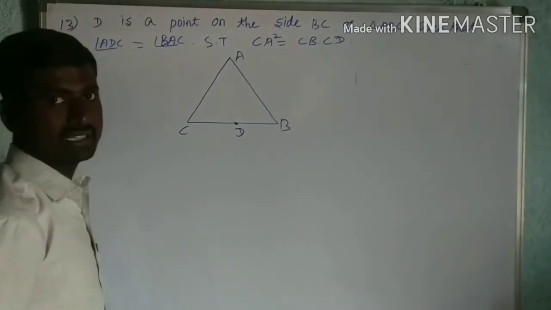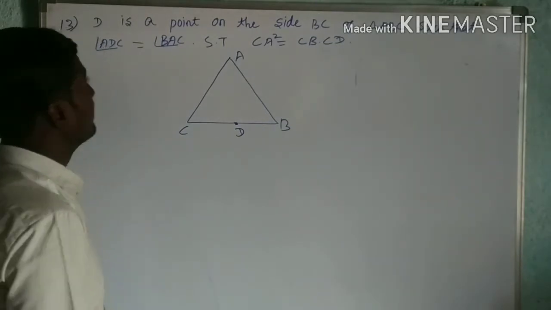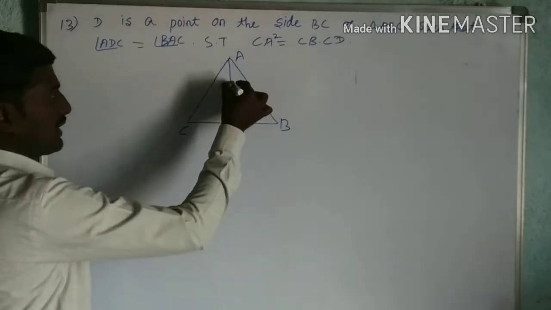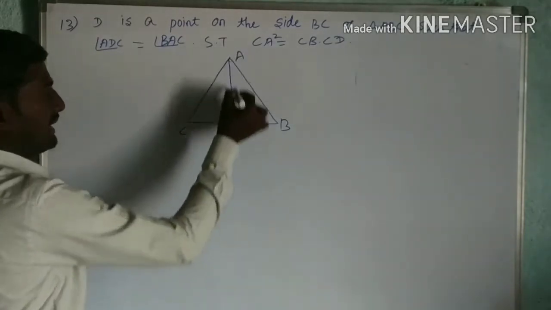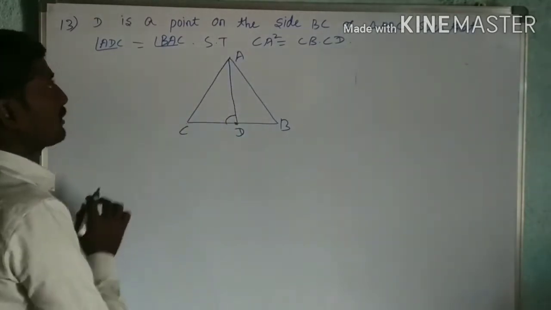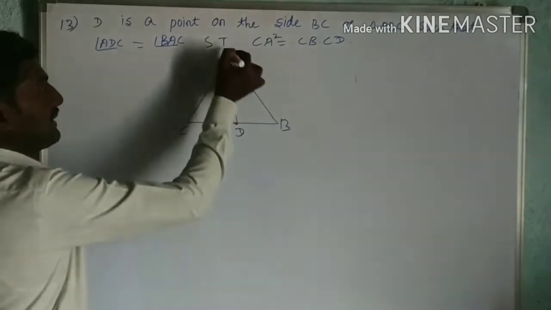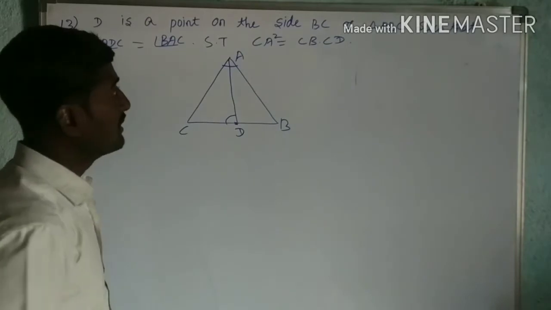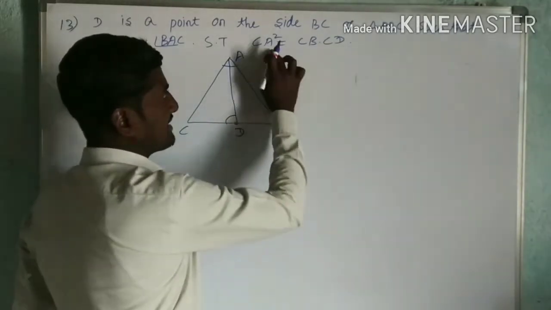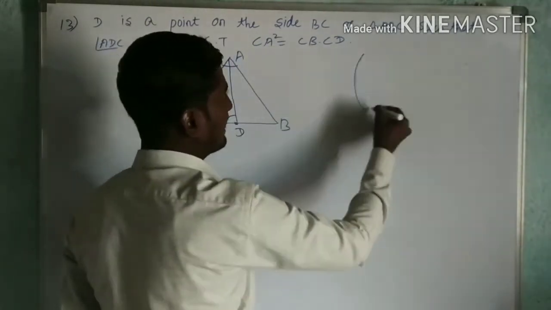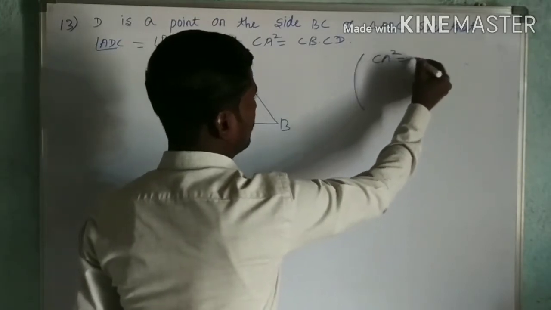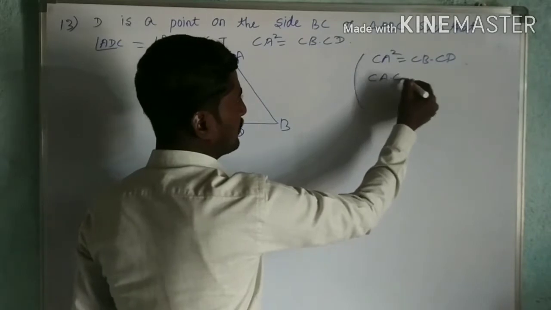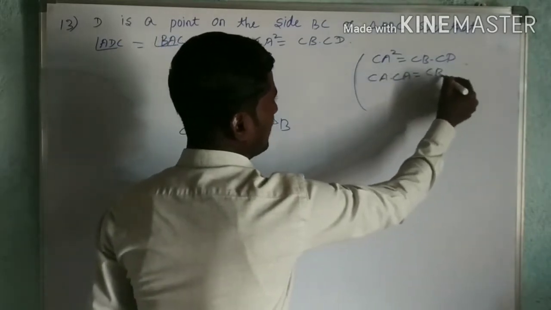Randomly I will take the point D on BC. Then for ADC, I have to join AD. Angle ADC is equal to angle BAC, so these two angles are equal, as given. Then I have to prove that CA square is equal to CB into CD. This I can write as CA into CA equals CB into CD.